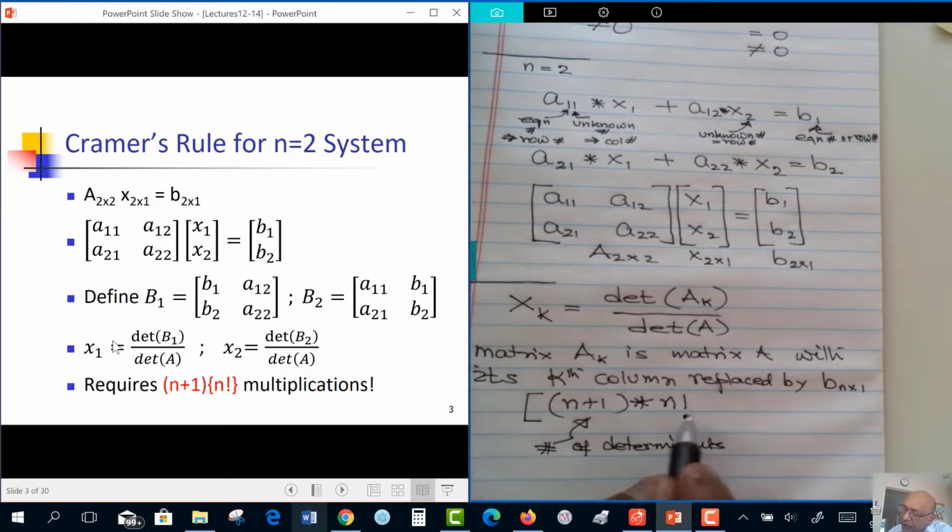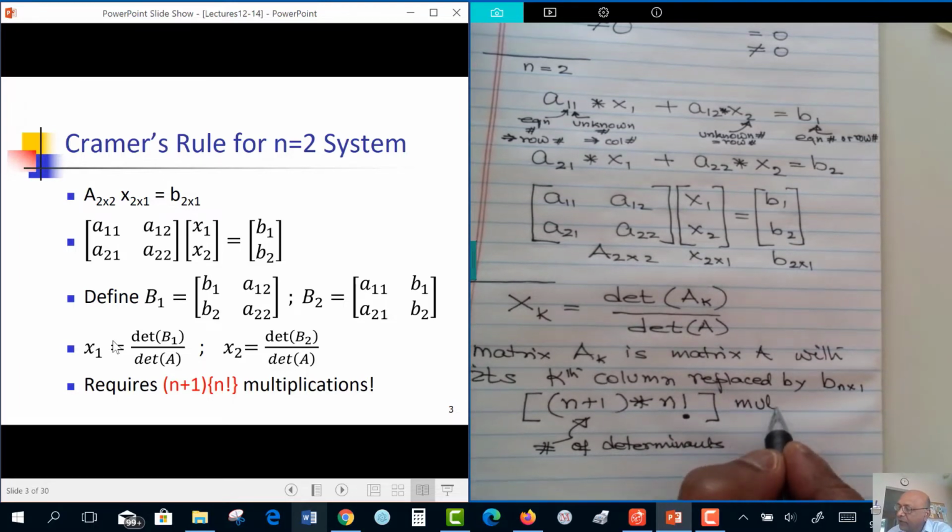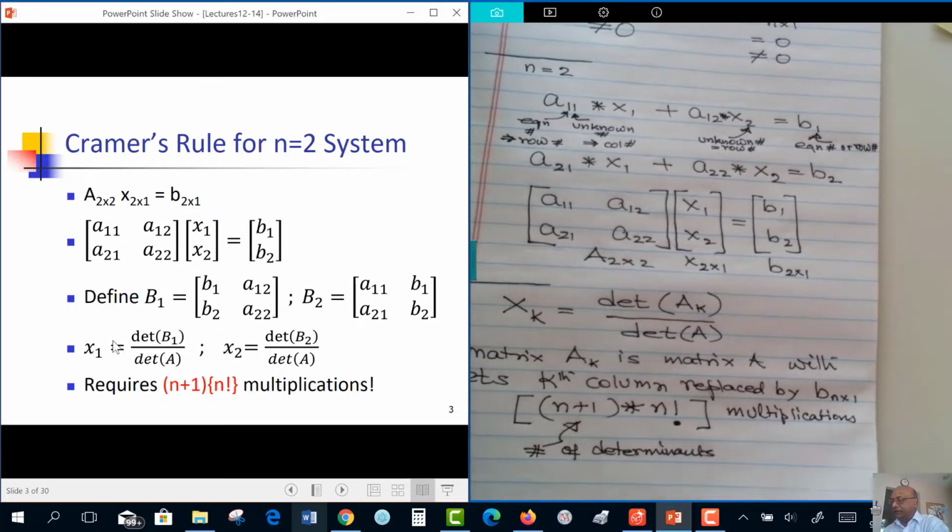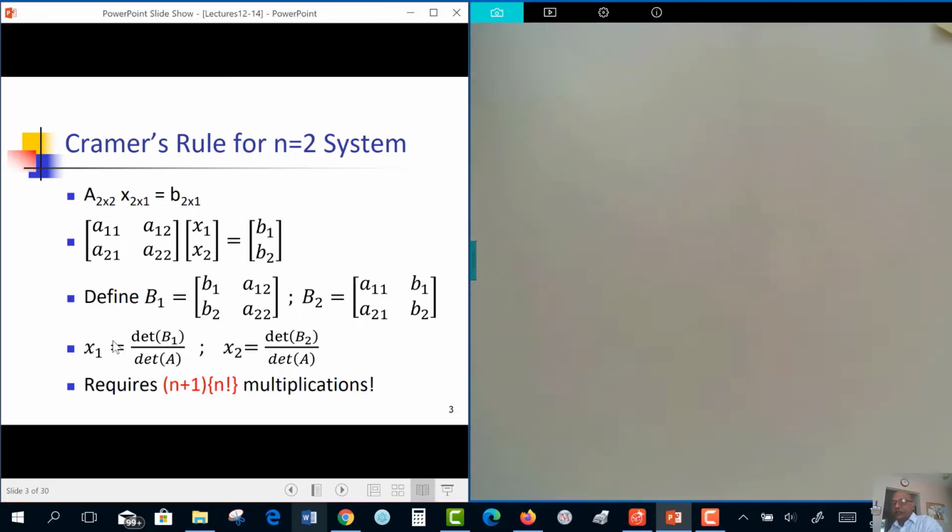So in total, if you use Cramer's rule, it requires so many multiplications. So let's see what happens. Suppose we were to use Cramer's rule.